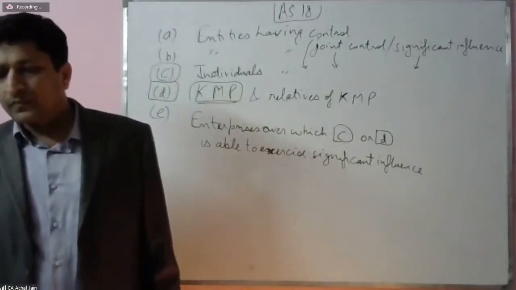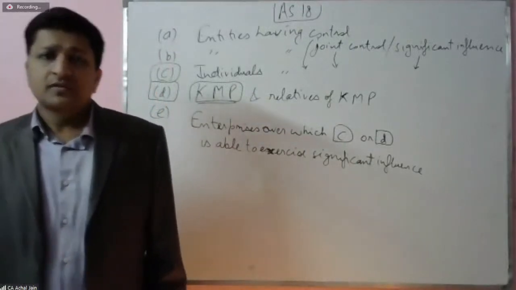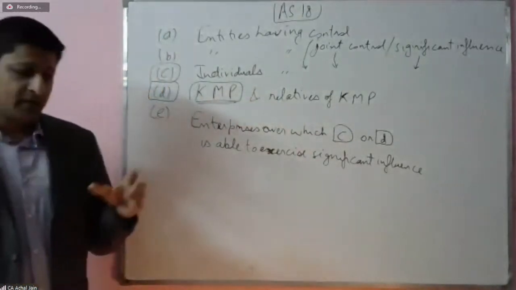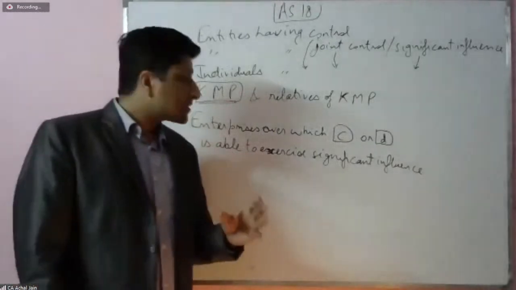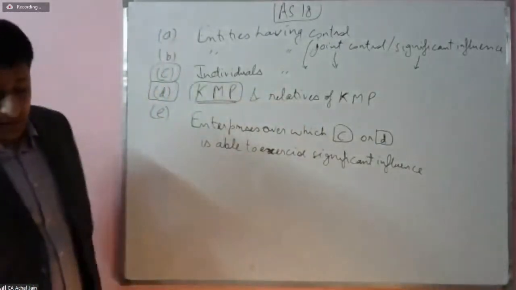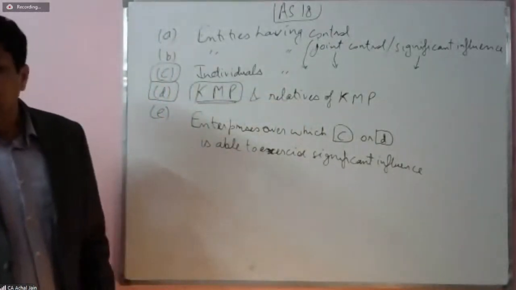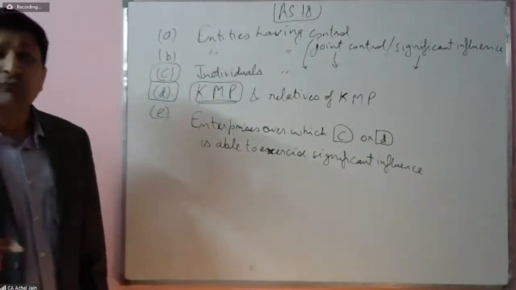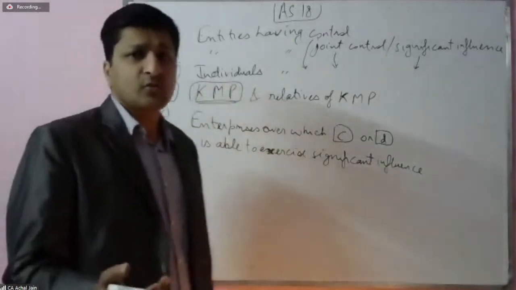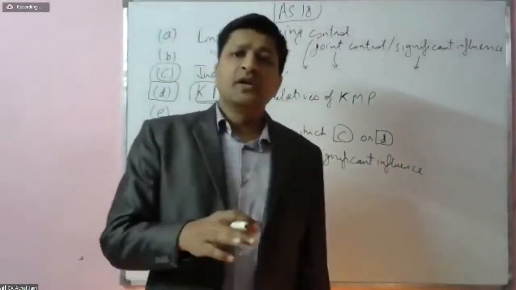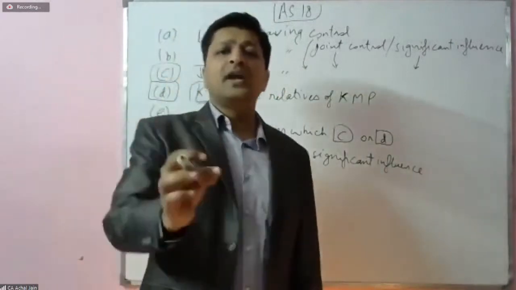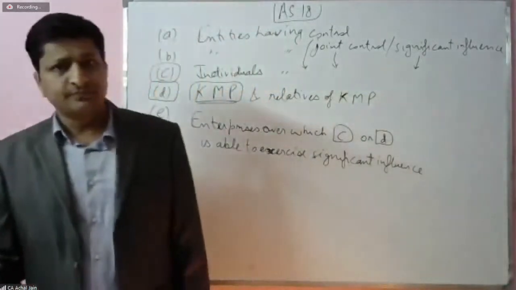Now, further on to this, AS 18 specifically excludes some of the parties from being a related party. Let's understand which are those parties, which are those relationships which AS 18 specifically says will not be a related party relationship.